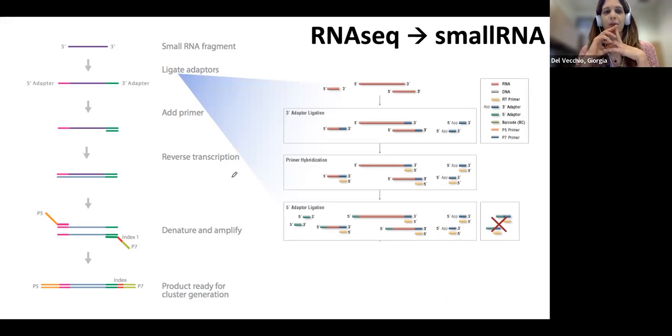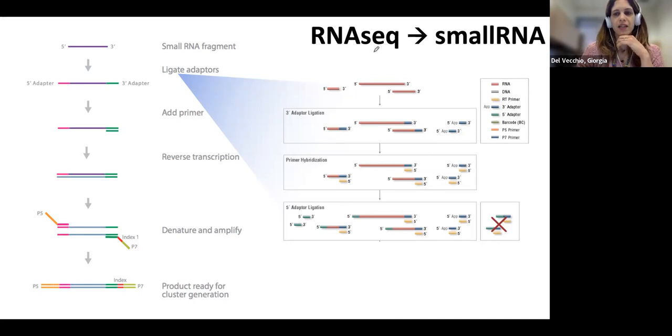So how many bases long? Yeah, 21 on average. 20 to 25, that's the average of a small RNA. So they are really small.